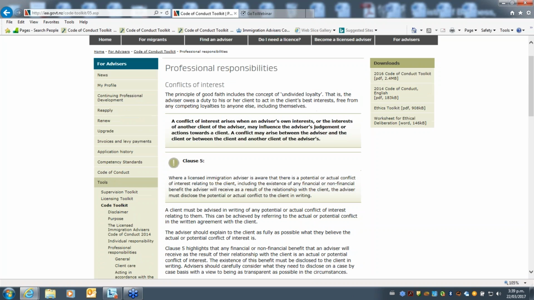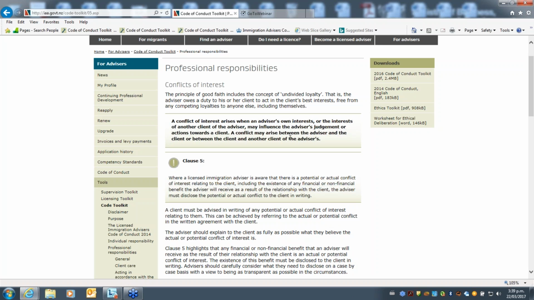So there's a three-step process here. So conflicts of interest, I guess the principles behind conflict of interest is that there is this concept of good faith and that you have undivided loyalty to your client. So you have this duty to act in their best interests, and you're free from any competing and other interests to anyone else, including yourself.